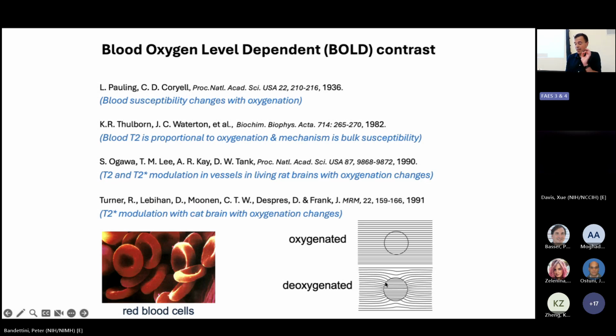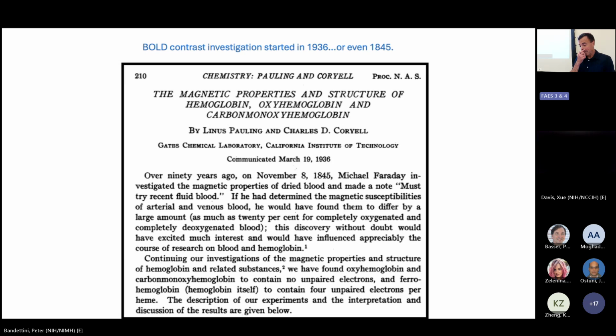And because the precession of individual water molecules is exactly proportional to the magnetic field that they're experiencing, the water molecules will quickly get out of phase. They'll precess at different frequencies, and within that voxel, they'll dephase and the signal will go down. So that's the basic idea of BOLD contrast.